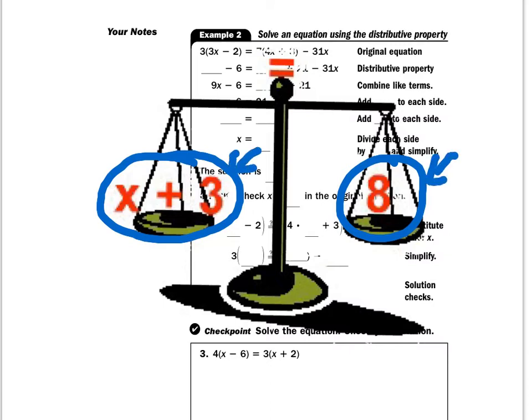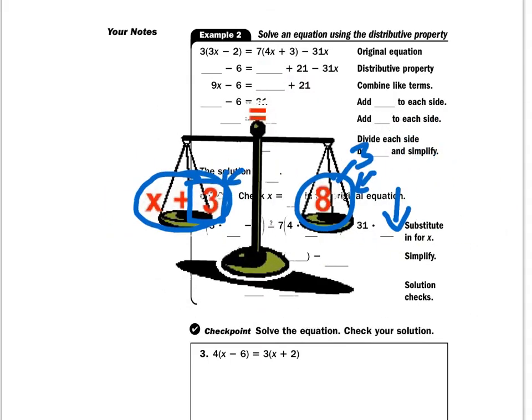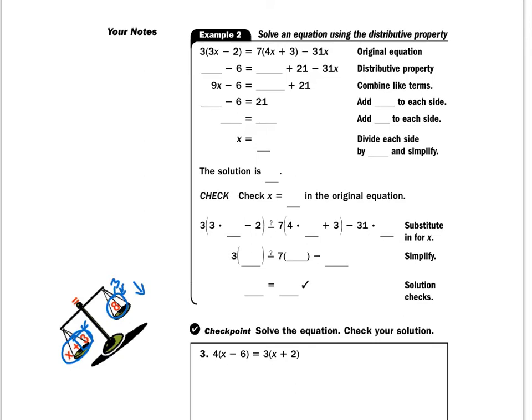If x plus 3 ounces is on the left and 8 ounces on the right, I know many of you are saying, oh, it's 5, because 5 plus 3 is 8. But if we take the 3 ounces off of the left side, then the right side would go down. So we have to take 3 ounces off of the right side, and that would make it go back up and level out. So 8 minus 3 would then be the 5. Hopefully that makes sense.